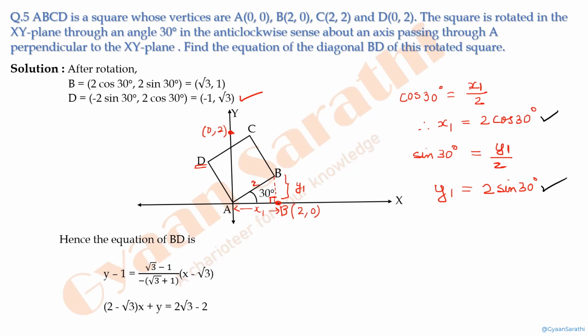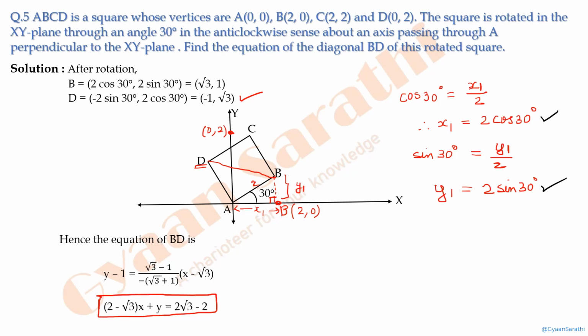And using the two-point form, we can write the equation of the diagonal BD as y minus 1 is equal to (root 3 minus 1) by (minus root 3 plus 1) into (x minus root 3). Solving this we get (2 minus root 3)x plus y is equal to 2 root 3 minus 2.